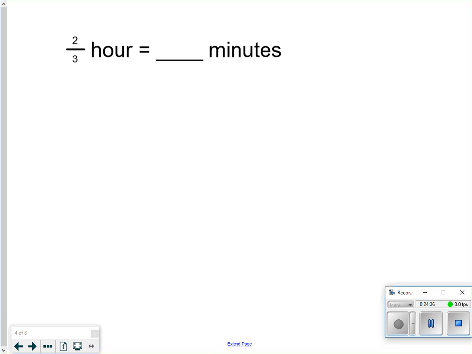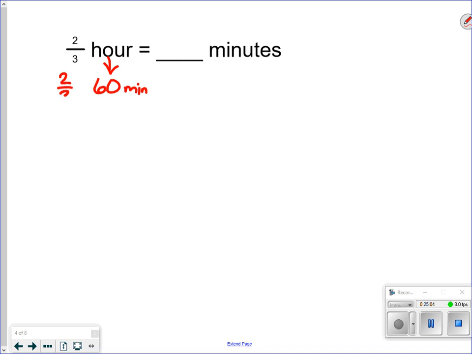So I'm going from big to small, multiply. I'm going from an hour to minutes. So I need to know how many minutes are in 1 hour. 60. So I'm going to change from 1 hour to 60 minutes. That's all I have to do.